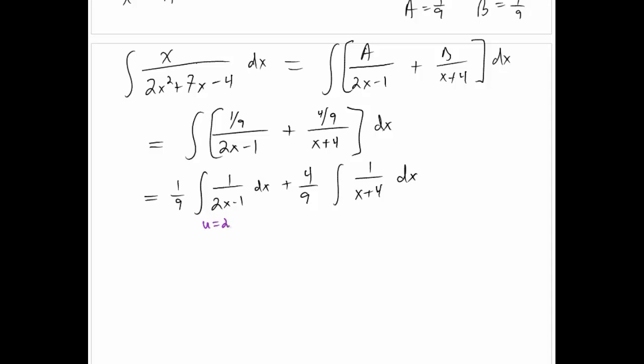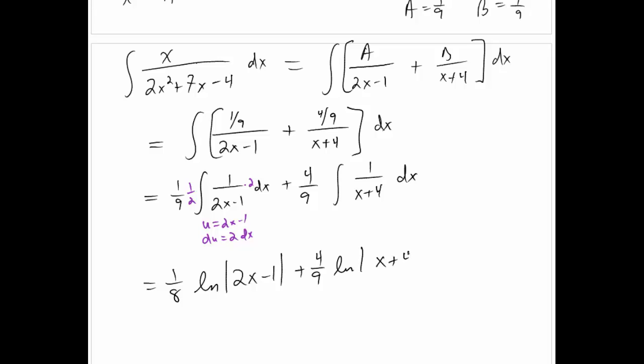If I let u equal 2x minus 1, then du is 2 dx. So I need a 2 here and a 1/2 on the outside. But then it's relatively simple. I'd have 1/18 natural log absolute 2x minus 1 plus 4/9 natural log absolute x plus 4 plus a constant.